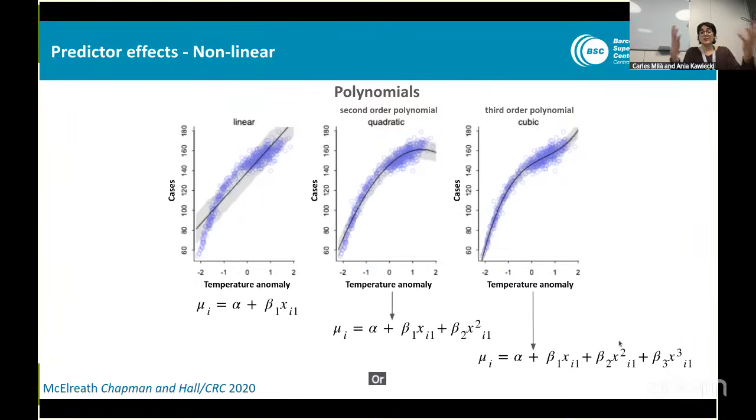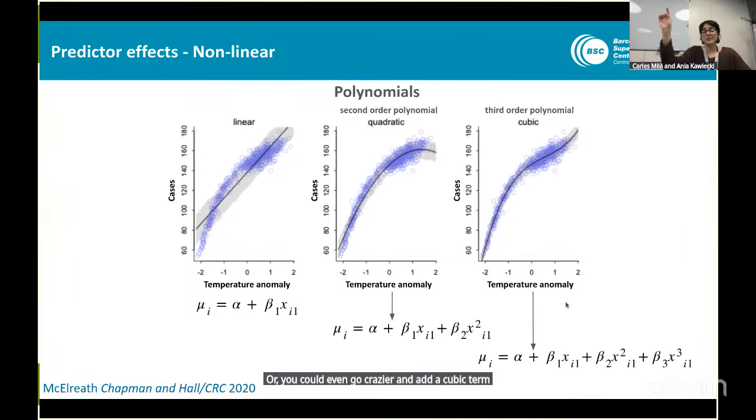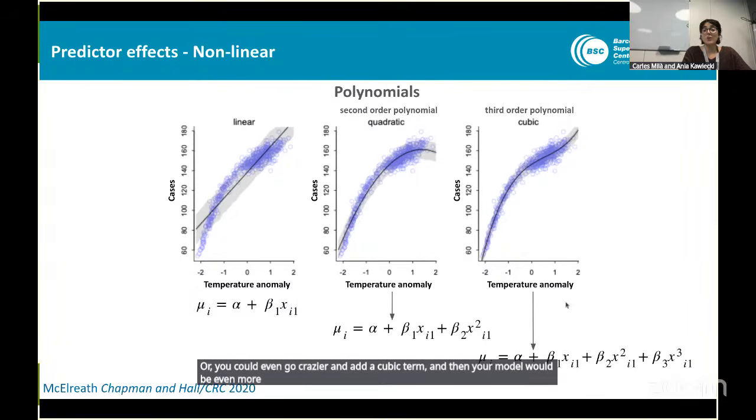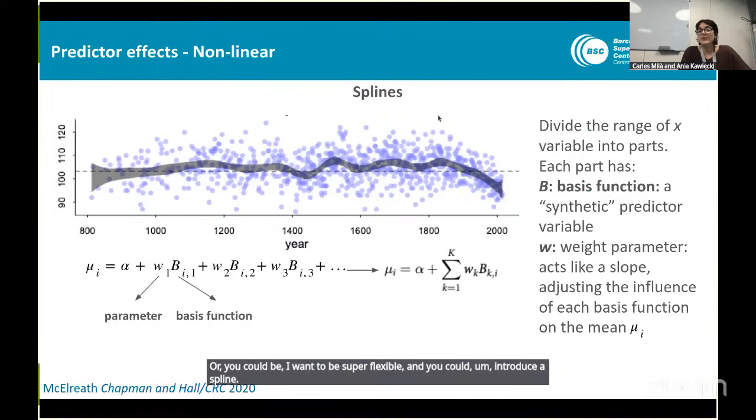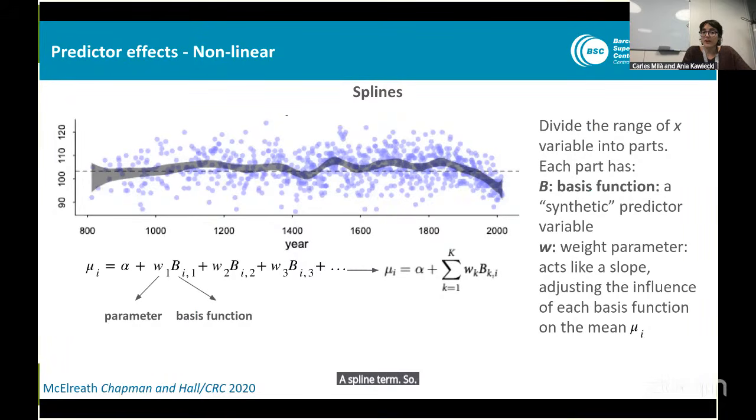Or you could go even crazier and add a cubic term, and then your model would be even more flexible. Or if you want to be super flexible, you could introduce a spline term. Splines are ways of modeling nonlinearity, which can be very flexible.